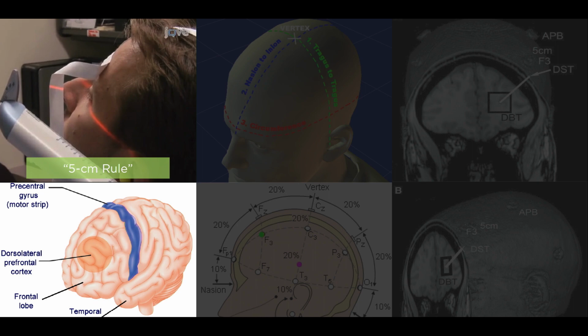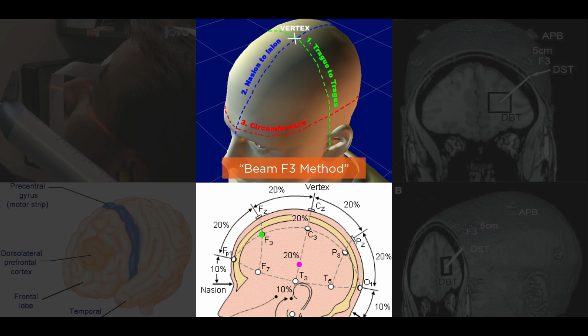You can imagine that this 5 centimeter rule is not very accurate because people have different size heads, and so a more sophisticated strategy is the use of an EEG system for coil placement, which at least accounts for the size of the patient's head, and it is scalable across patients.